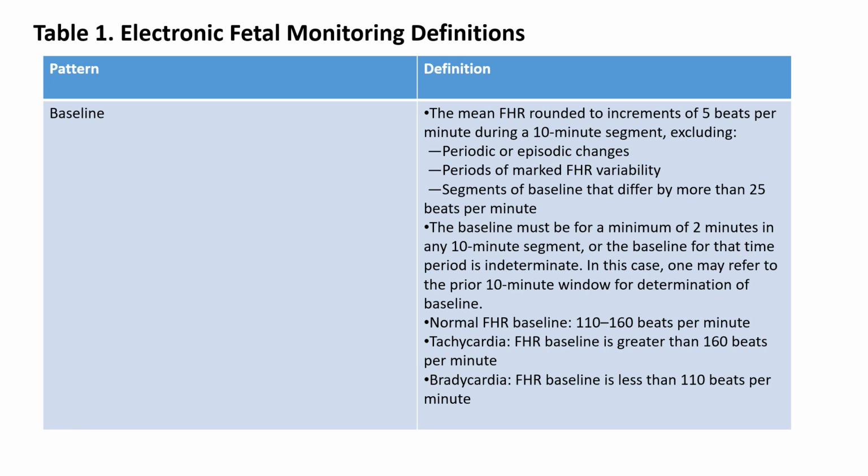Above 160 is called tachycardia. Below 110 is called bradycardia. When we see the baseline, it should be for a minimum of 2 minutes in any 10-minute segment. Otherwise, we cannot say the baseline, and it's judged as indeterminate.